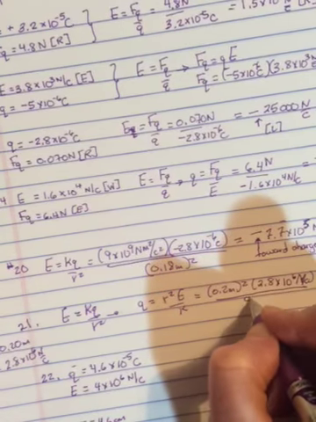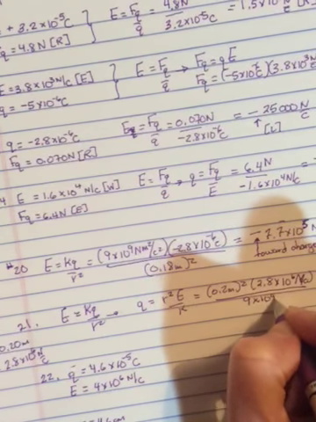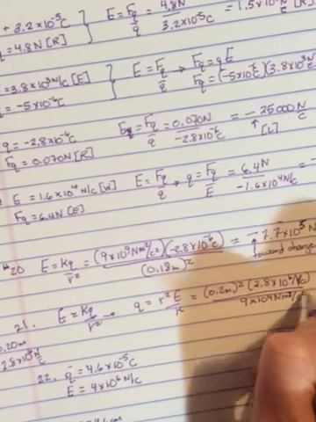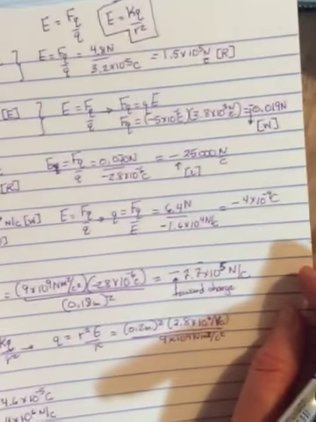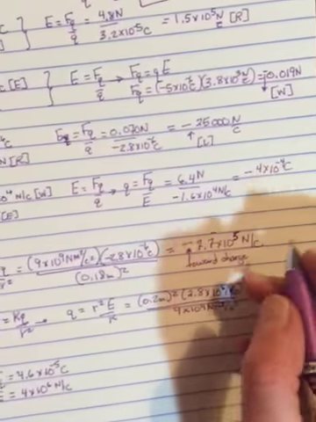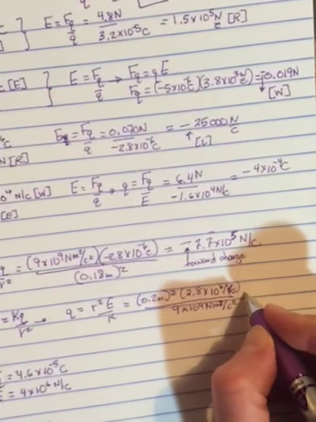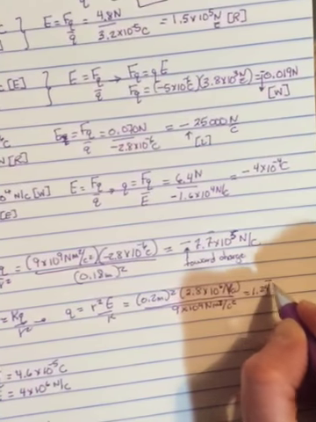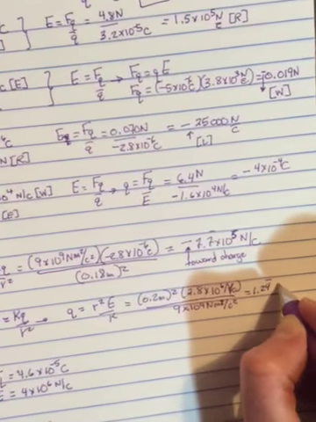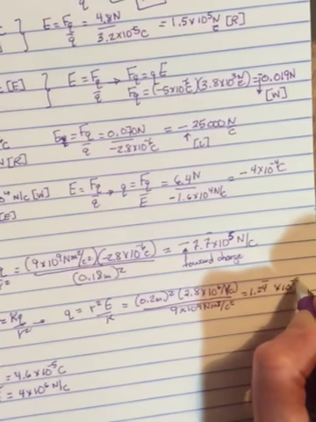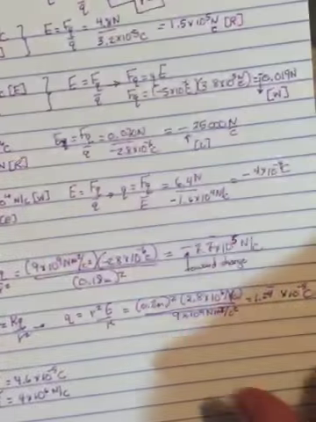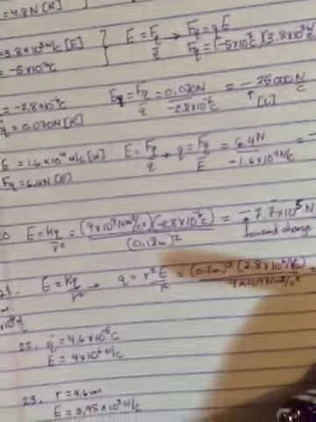And K, of course, is 9 times 10 to the 9th newton meters squared per coulomb squared. Punch these numbers in, and you get, I think, 1.24 with the 4 repeating times 10 to the negative 5 coulombs. Okay? So, very straightforward. Just plug the numbers in.